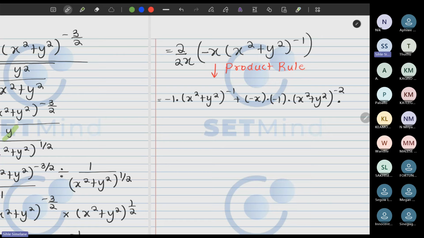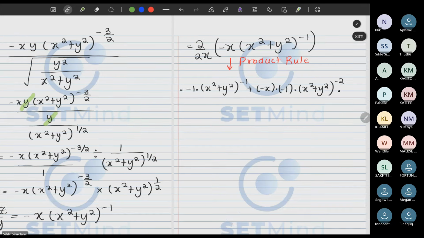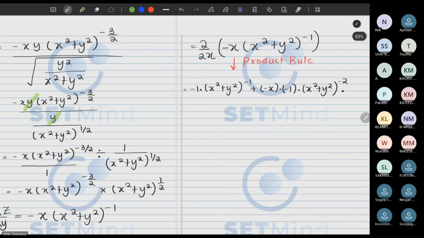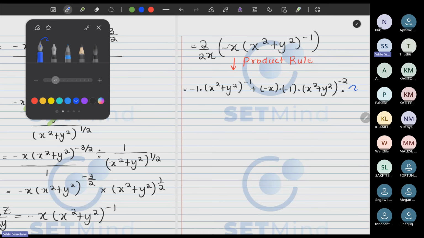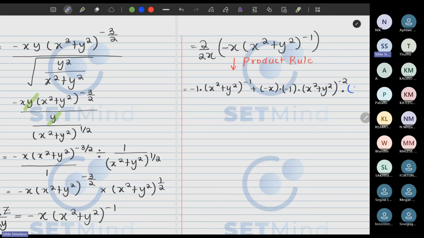Something is missing, guys. And if we don't put it in, our answer will obviously be incorrect. Okay, in the interest of time, I'm going to give it to you. It is 2x.